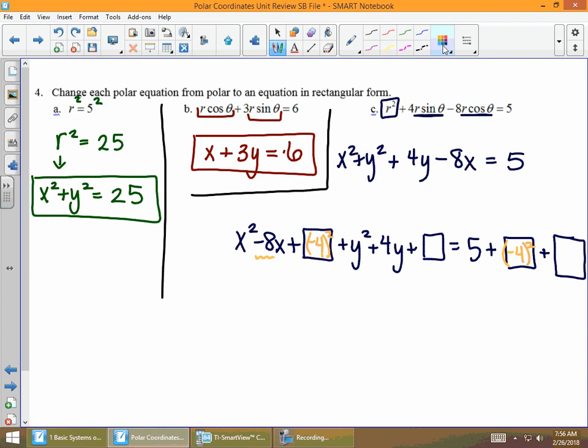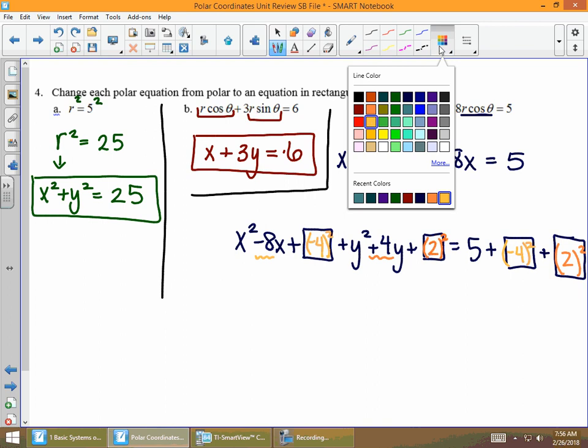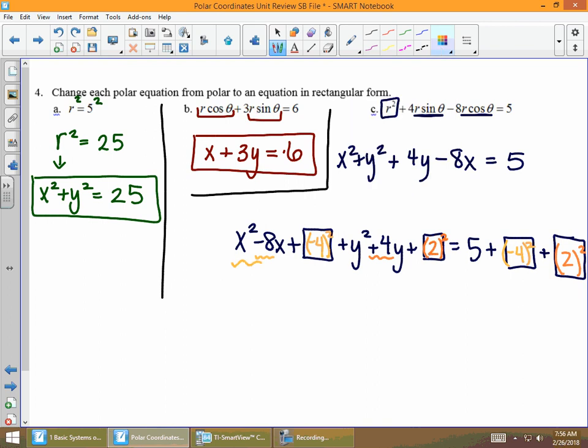Same thing with my y's. My b is positive 4 here. So 4 divided by 2 is 2. So 2 squared is going to go into each of the y boxes. And now, if you write it out like that, here's the nice thing. In order to factor x squared minus 8x plus negative 4 squared, you just do x minus 4 quantity squared.